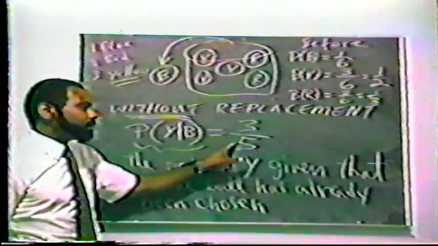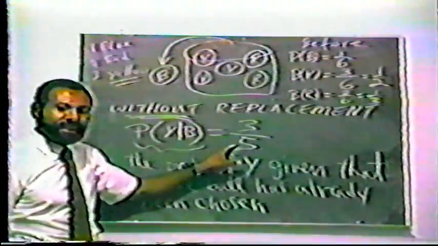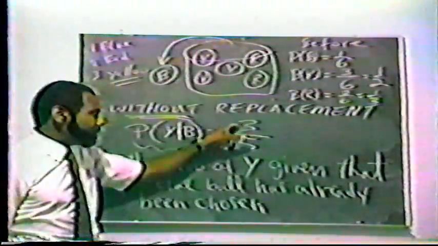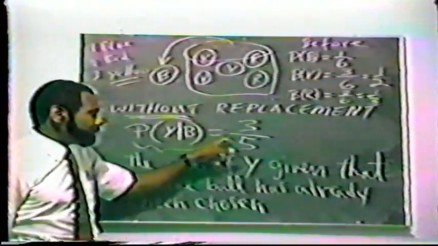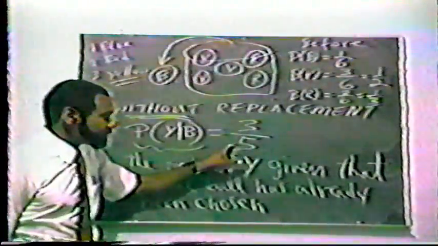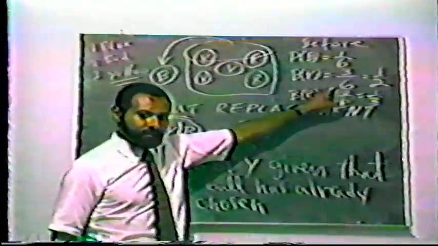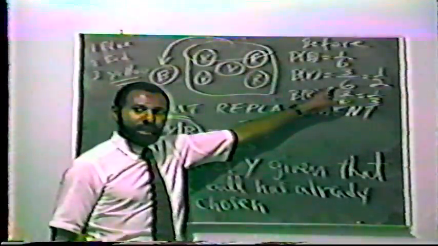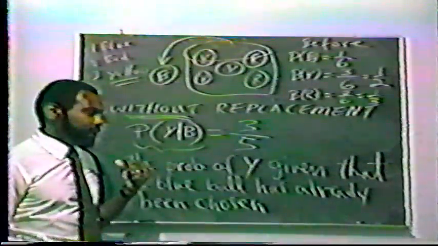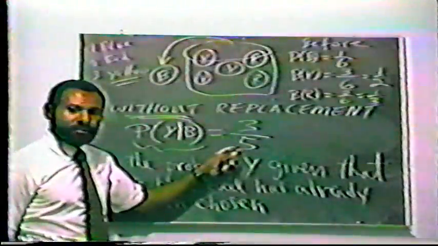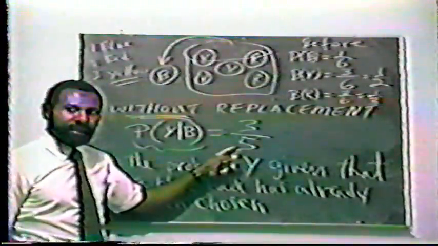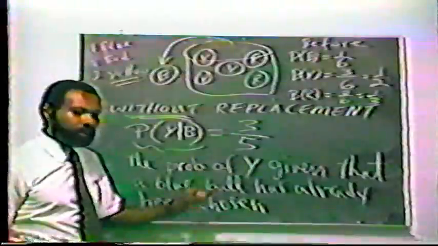You now have only 5 balls. Your denominator is no longer 6 as it was before the first trial. Now the total is 5, so the probability is 3 over 5.